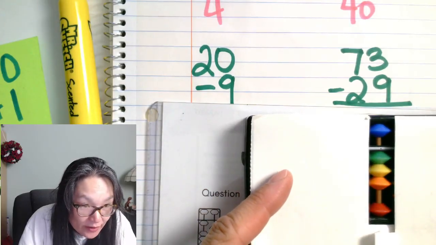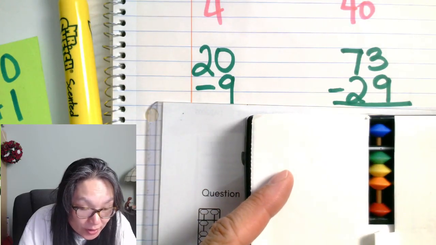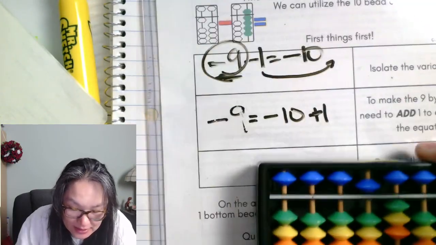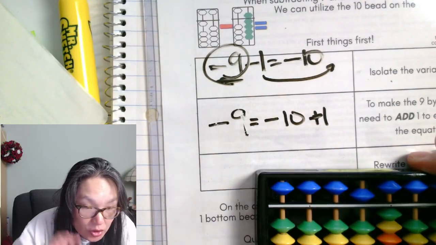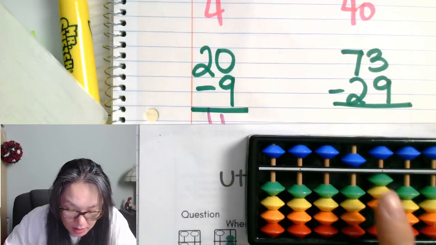Again, I don't have enough beads to minus the 9. What do I do? Remember I did this? Minus the 9 equals minus the 10 plus the 1. So again, we're building on our question. We minus the 10 and plus the 1.